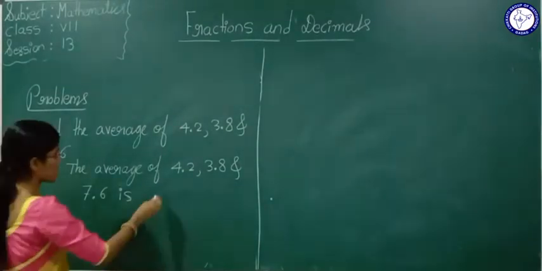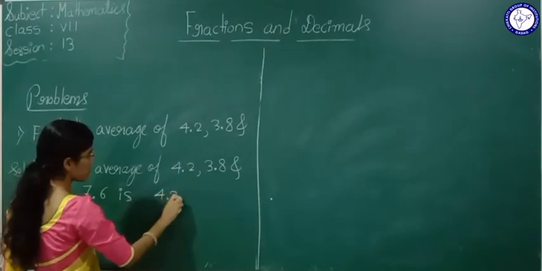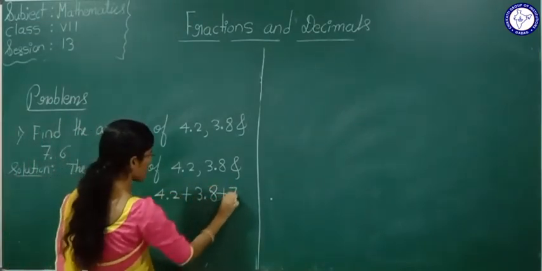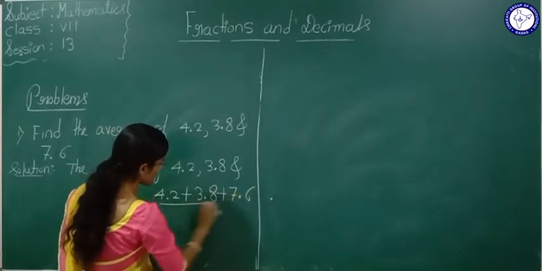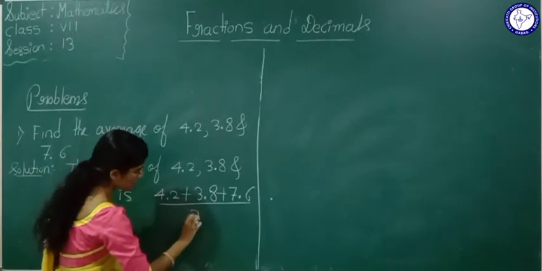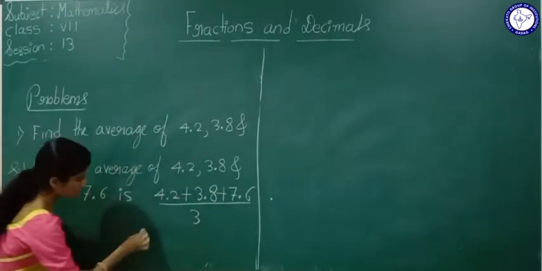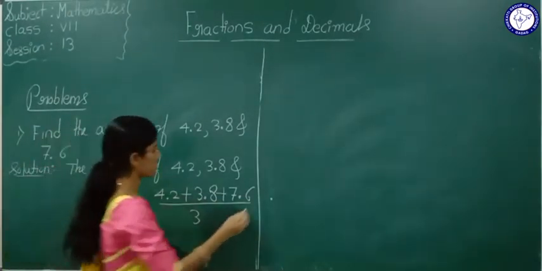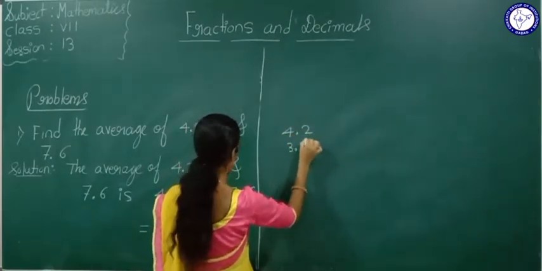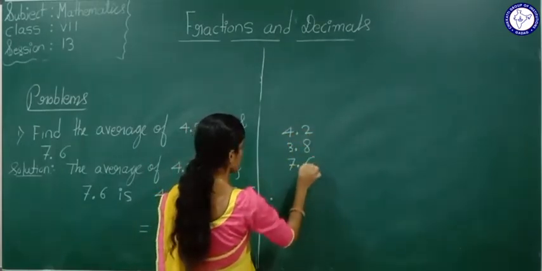Do the addition: 4.2 plus 3.8 plus 7.6, divided by how many numbers are there? 1, 2, 3. 3. Do the calculation. What is 4.2 plus 3.8 plus 7.6?